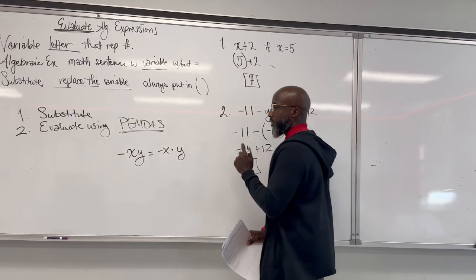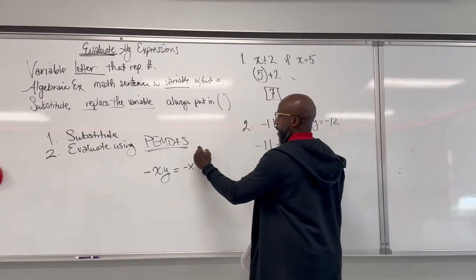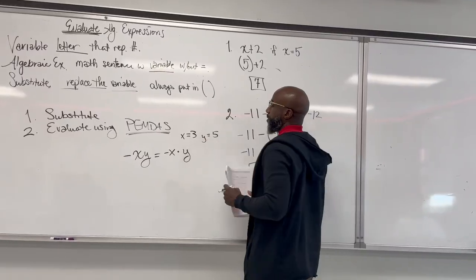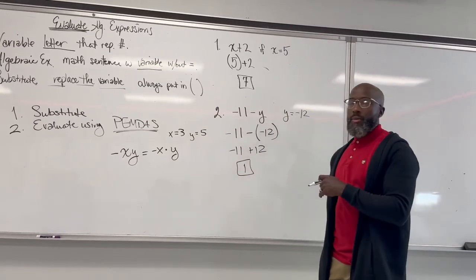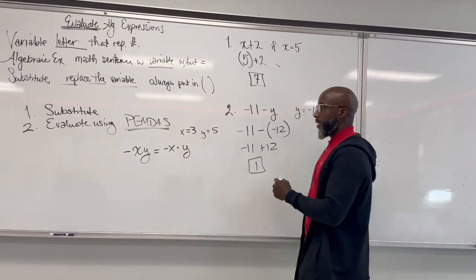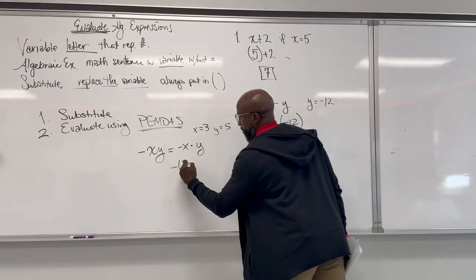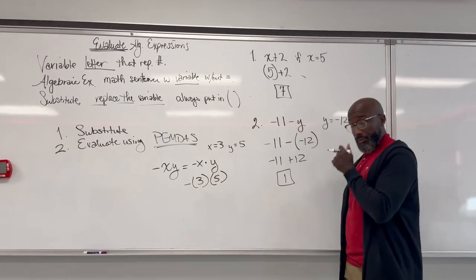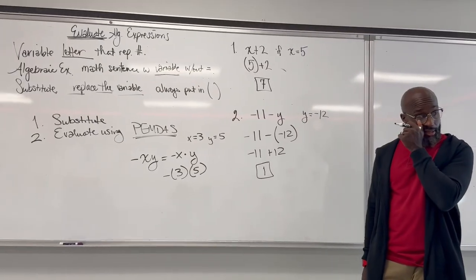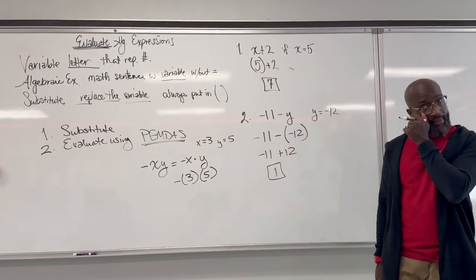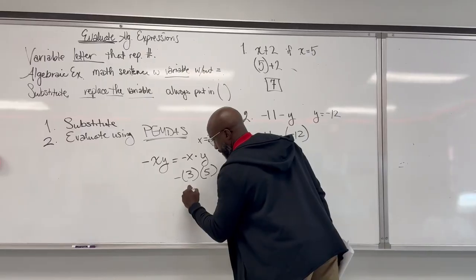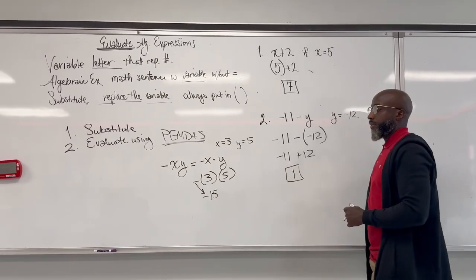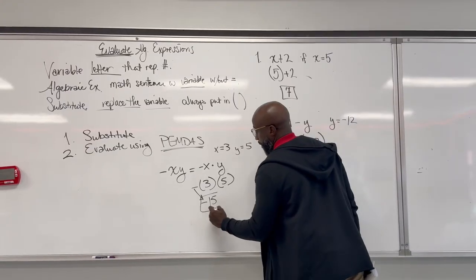So when you substitute in the given values, in this problem, x equals 3 and y equals 5, this won't be 35, but this will be negative x times y. So that's 3 times 5. 3 times 5 is 15, and the negative sign comes down. So it's negative 15. Okay?